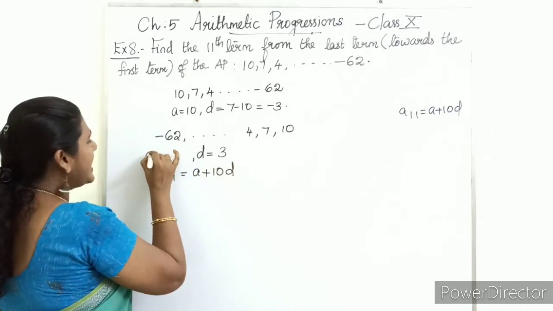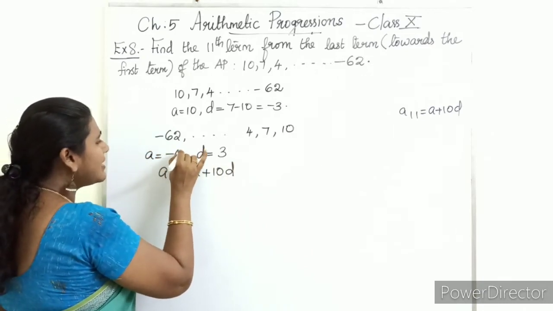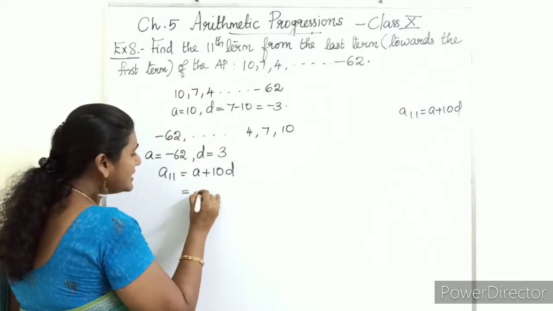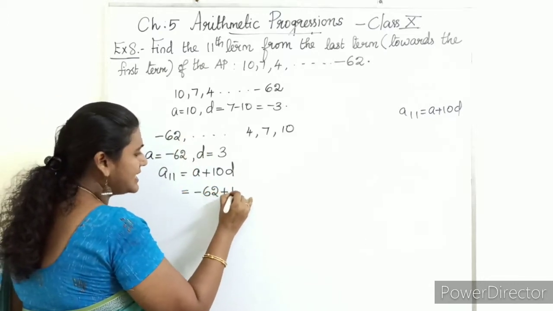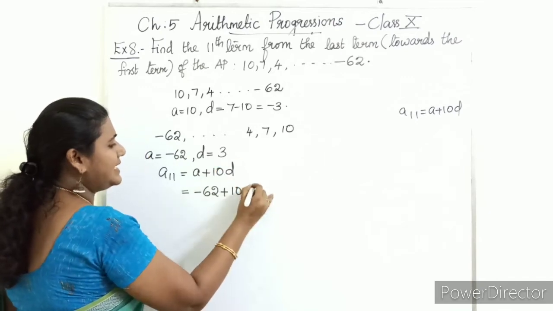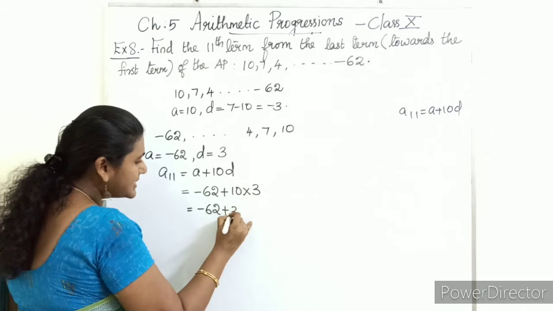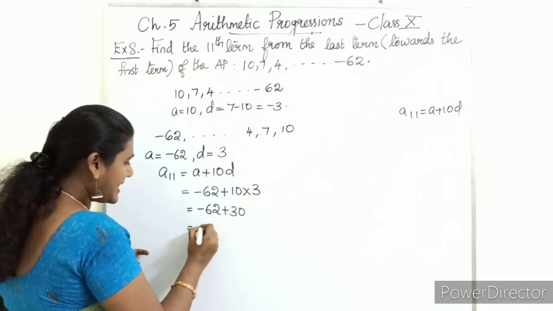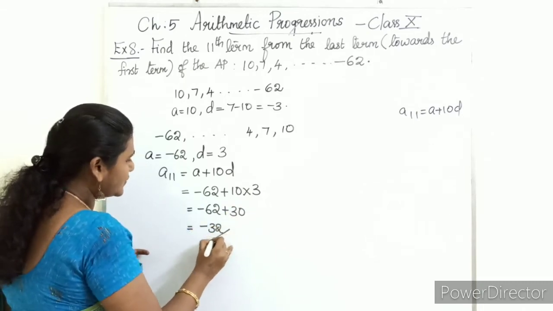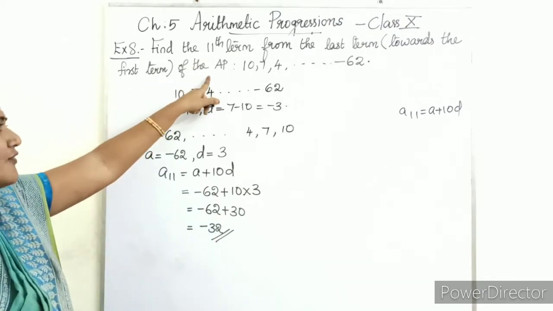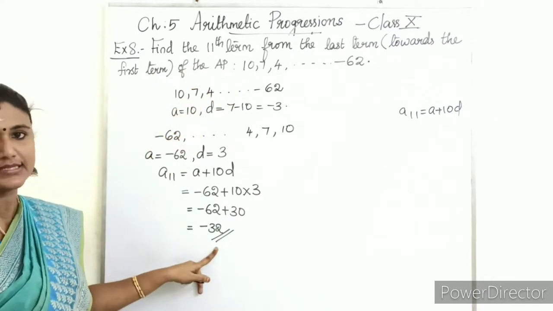Here A is the first term, which is -62, so -62 plus 10 into D, where D is equal to 3. So -62 plus 30, the answer is -32. So the 11th term from the last of this AP is -32.